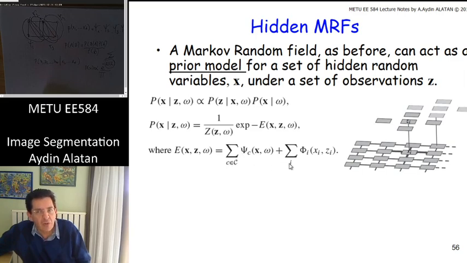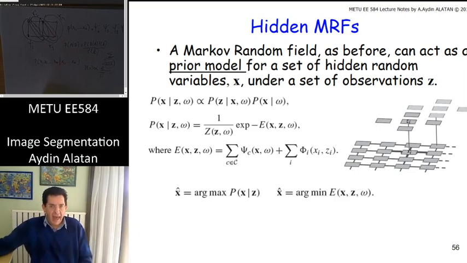This is in terms of every pixel, one by one. You only consider their relation between each other. And at the end, my aim is maximizing this posterior probability for a Gibbs distribution, which is an exponential to the minus power. It will be minimizing the energy term. I'm going to minimize this cost function.